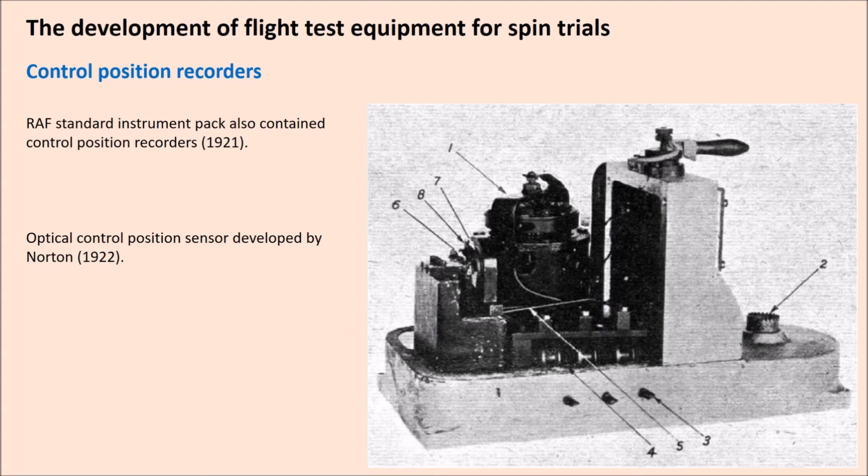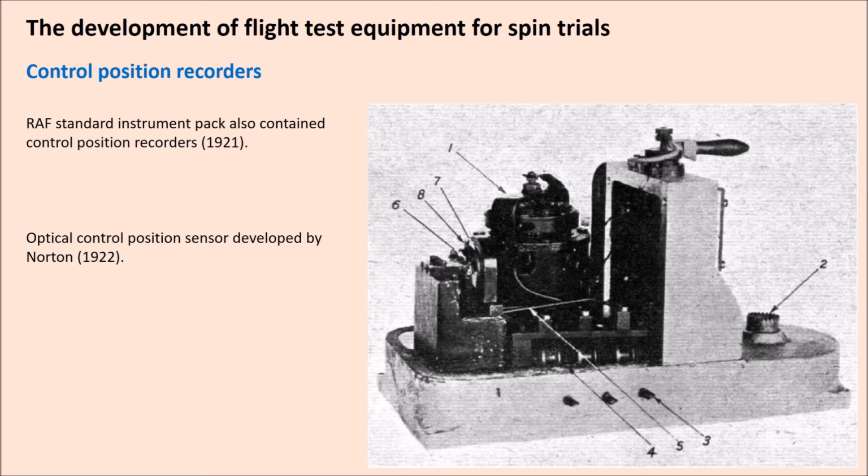Basically, it comprised a number of pens or styluses which were physically linked to the control surfaces with a series of pulleys and levers, and obviously that was very impractical and susceptible to going wrong.